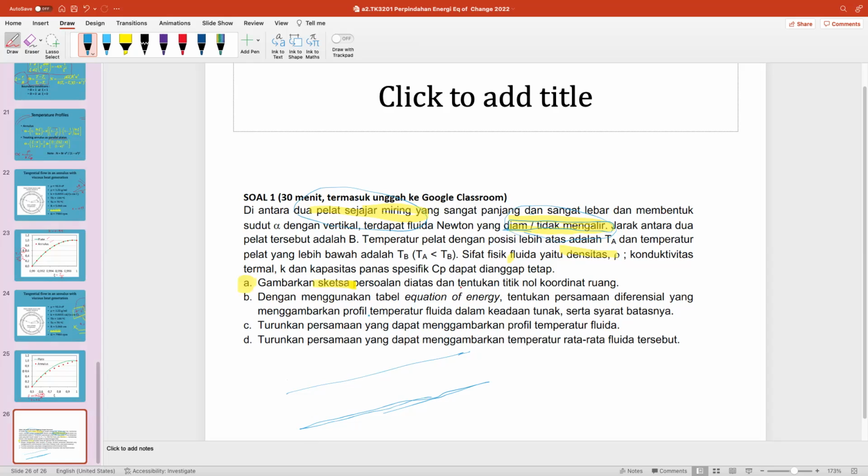And then what else can we see? How about the zero coordinate, titik nol koordinat ruang? Where do you think we should put it? For me I put it on the edge of the two plates on the left hand side. Okay, so what is this direction?